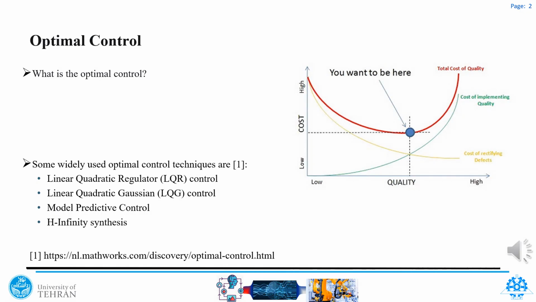At first, we should know what is the optimal control. Optimal control is a condition of dynamic systems that satisfy design objectives. Some widely used optimal control techniques are linear quadratic regulator, LQR and LQG, and model predictive control and H infinity.